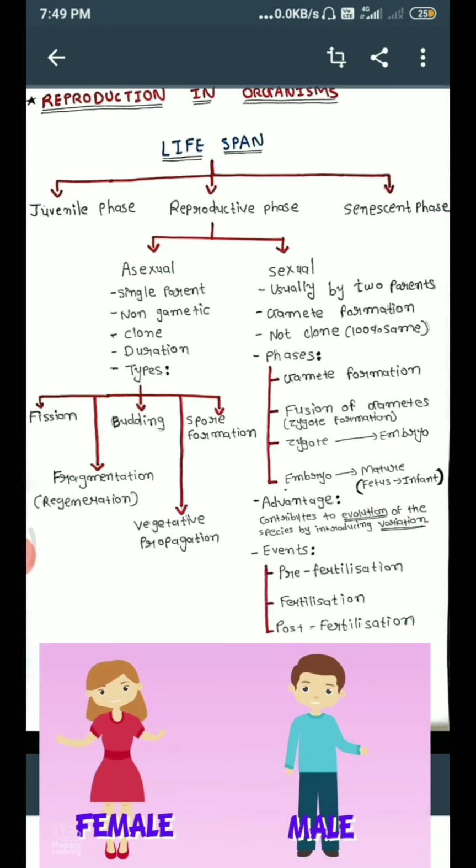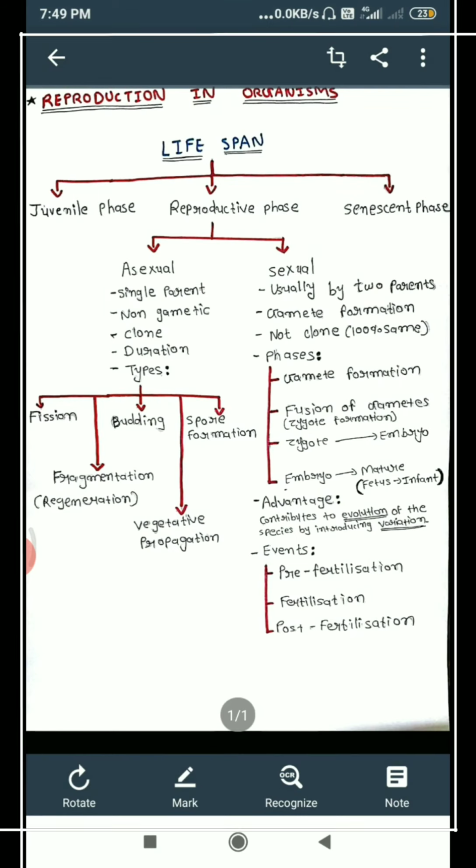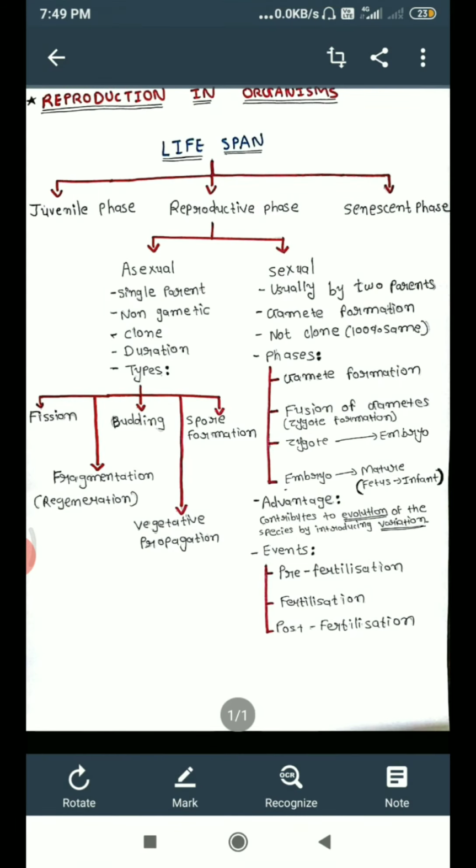Now, in sexual reproduction, I already discussed these three points: usually by two parents. Why have I written that word usually? If you are talking about plants, and the flower is bisexual, that is, they have stamen plus pistil, then only one flower, one parent, can produce pollen grains and egg cells.